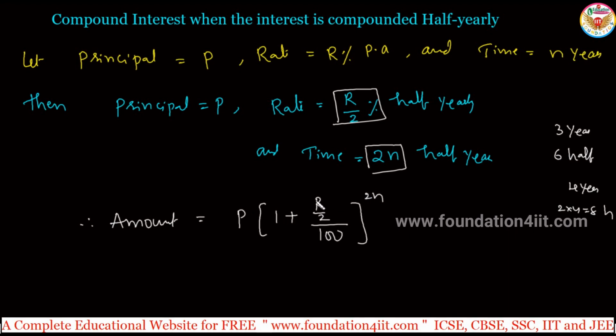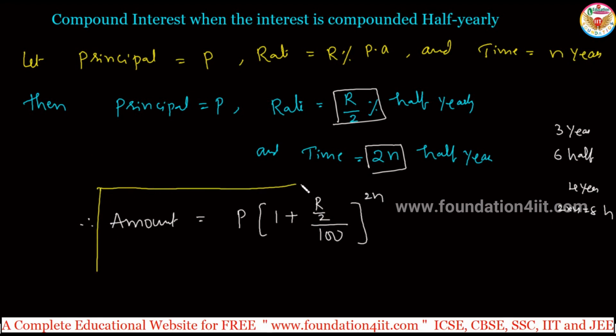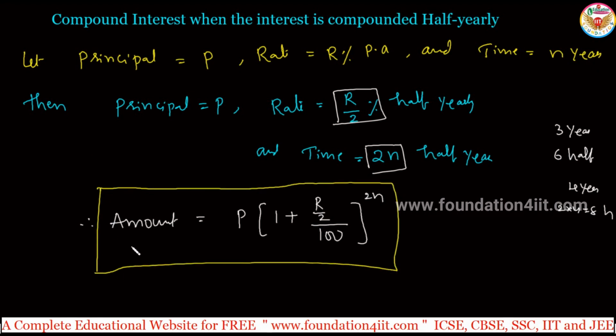So in the place of R, R by 2, in the place of n, 2n. R is always the rate of interest per annum and n is the number of years, which does not change. This is the formula to find the amount when compounded half yearly.